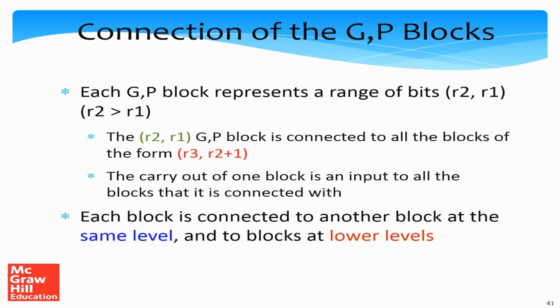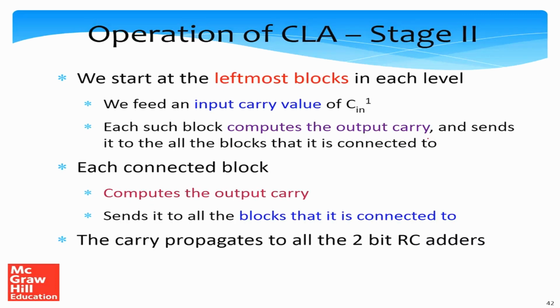So the carry out of one block is an input to all the blocks that it is connected with, and each block is connected to another block either at the same level or at lower levels, as we discussed. Sometimes same level connections are also not necessary, so we clearly want to minimize the number of wires.